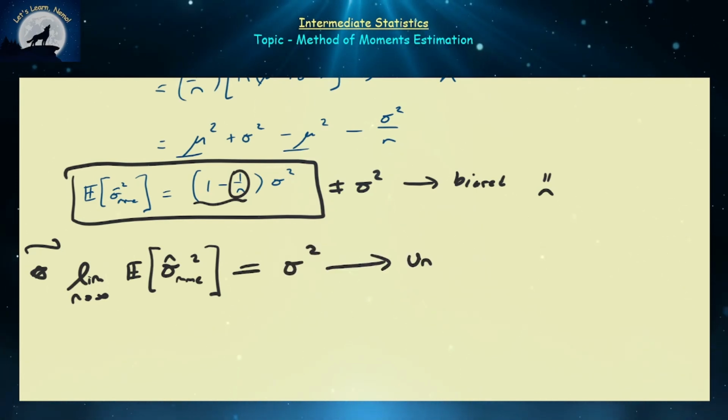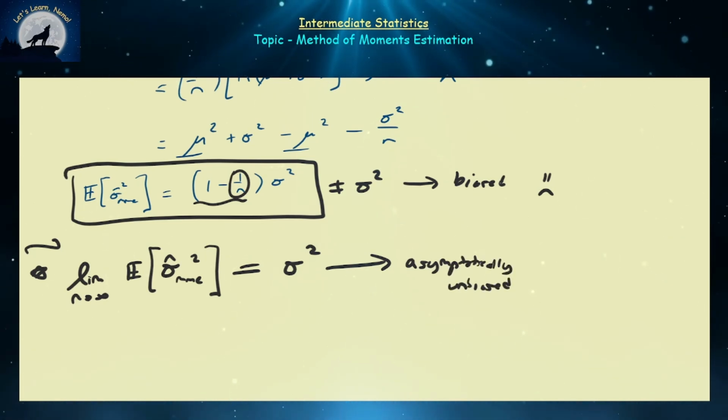So that means it is asymptotically unbiased, which is better than nothing, right?